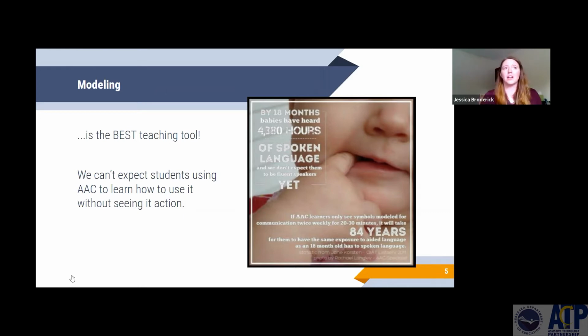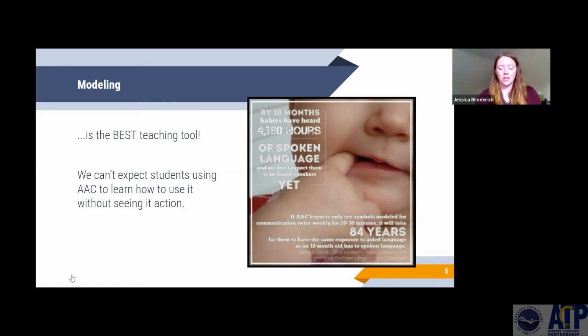The idea behind that is that we can't expect students who communicate using AAC to learn how to do that without seeing it in action. It would be like teaching a student who is going to be using sign language to sign without signing to them. You can see how that wouldn't make sense, and so it doesn't make sense in AAC either.